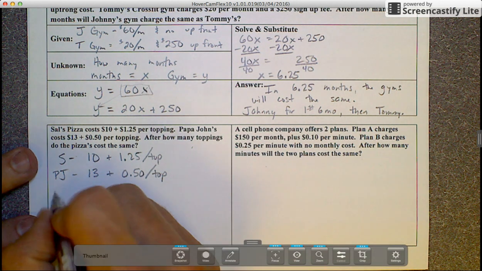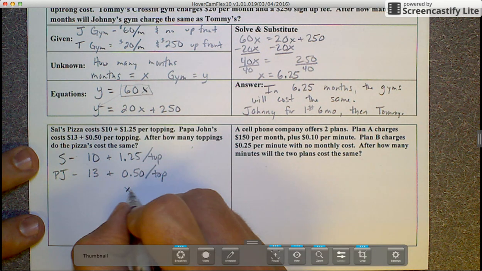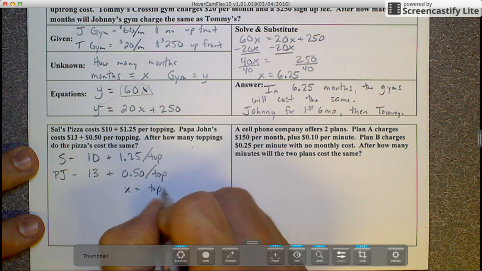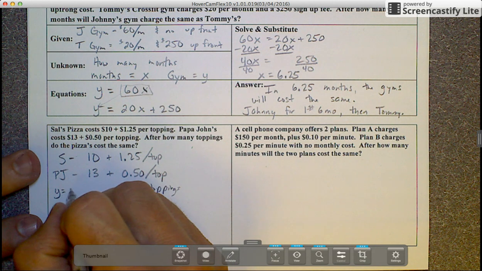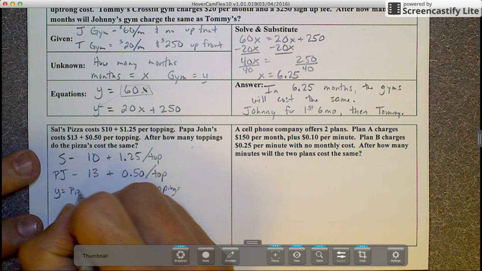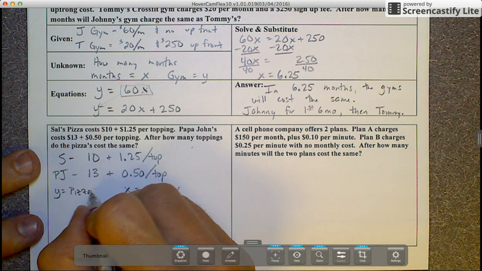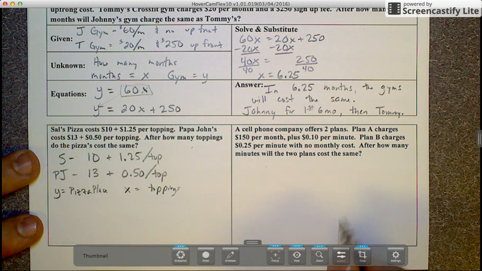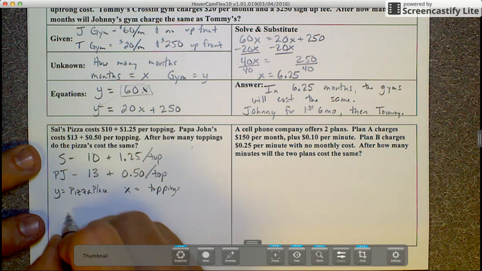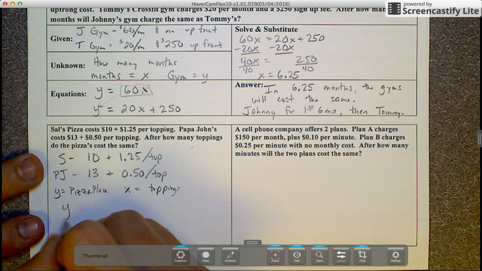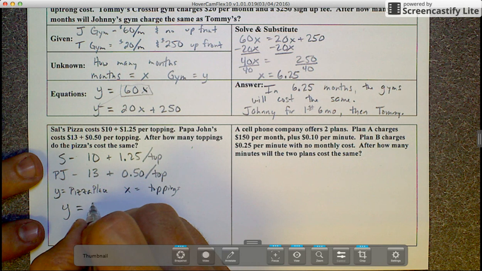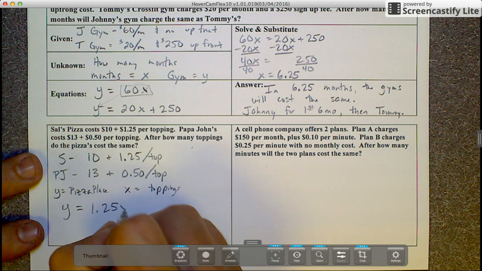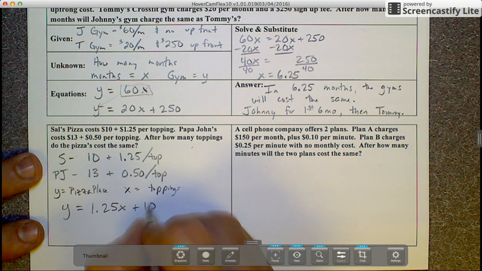So my X is going to be the toppings. My Y is going to be the pizza place. Okay, and now what we're going to do is we're going to set up our equation. So our pizza place is equal to 1.25x plus 10.